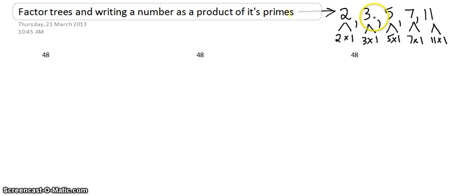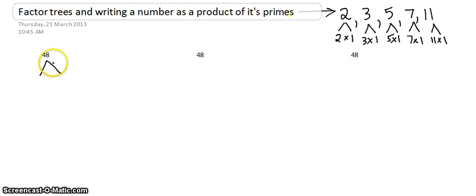And there's a really easy way to do our factor trees. Let's look at the number 48. In our number 48, we need to think, what two numbers when multiplied together make 48?